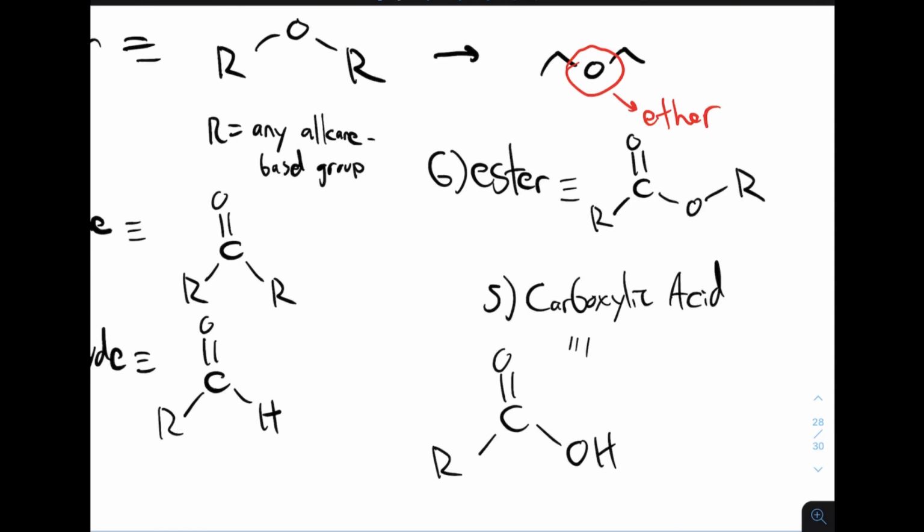So instead of having the oxygen bonded to a hydrogen, it is now bonded to another alkane group, a hydrocarbon group. And it's much different than an acid, because as you can imagine, they have very different pKa's. The pKa for this is going to be way lower. It's going to be acidic. And this is going to be virtually not acidic, okay? So that really changes their functionality.